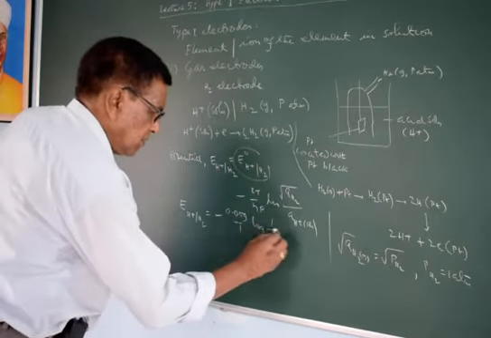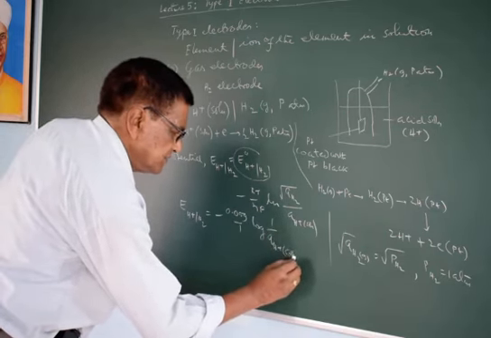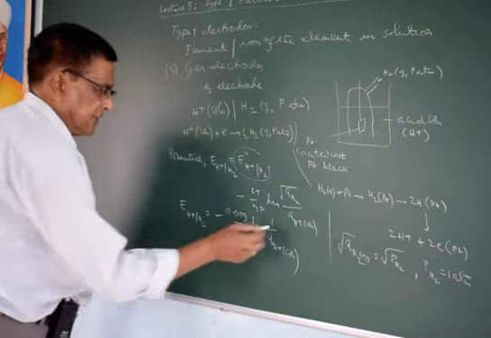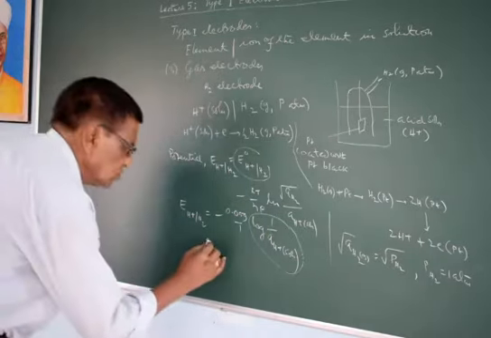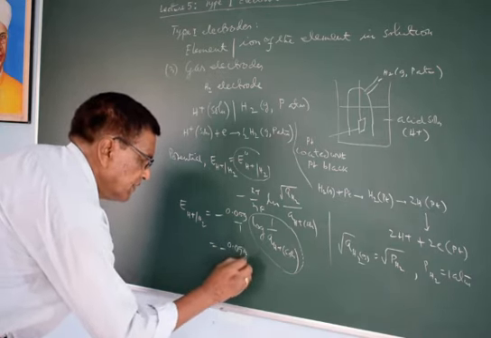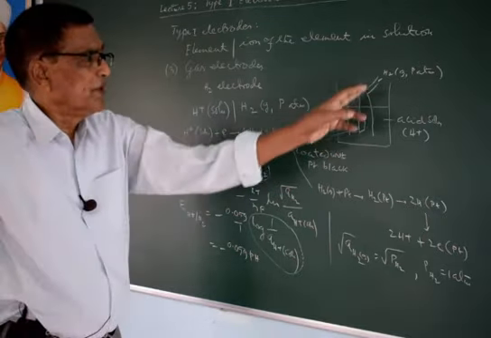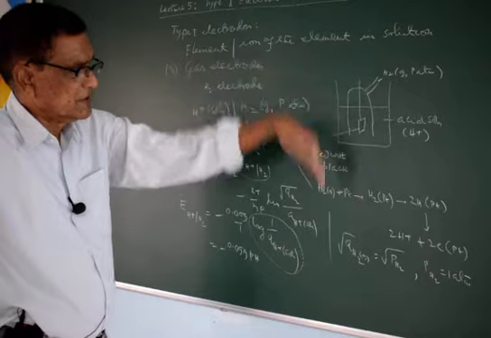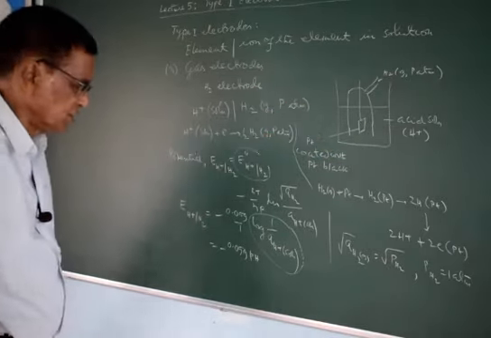In this case, 1 by activity of hydrogen ion in solution is called the pH. So this electrode potential is minus 0.059 times the pH of this solution, where the platinum electrode is dipped and hydrogen gas at 1 atmosphere is passed through these solutions.